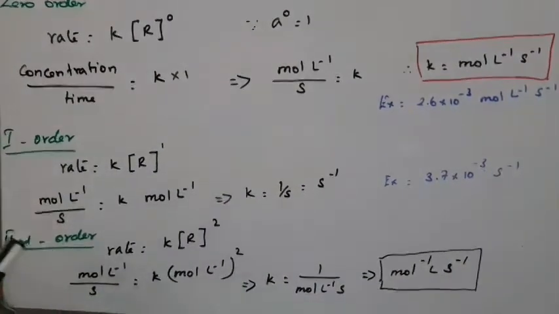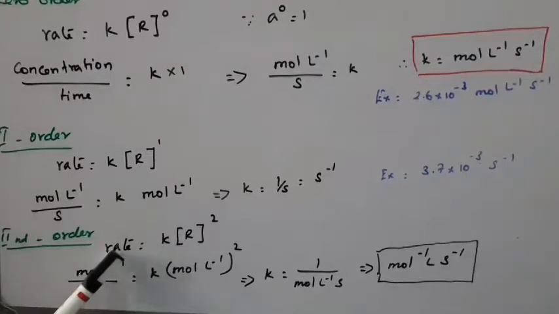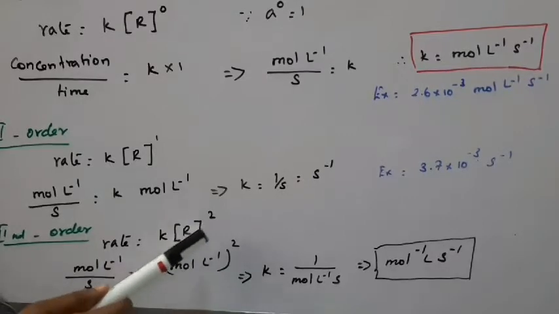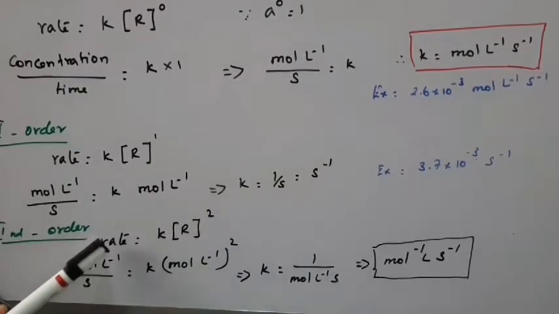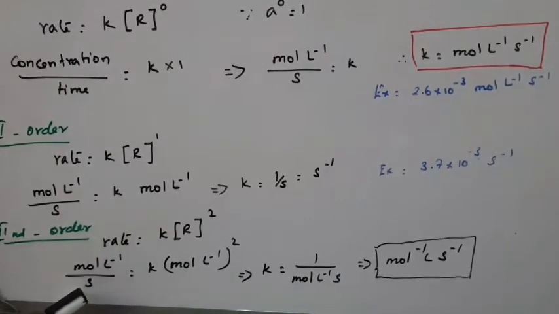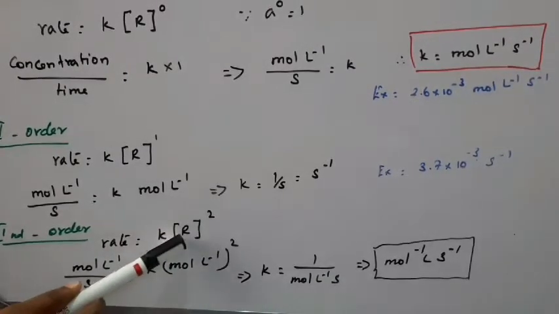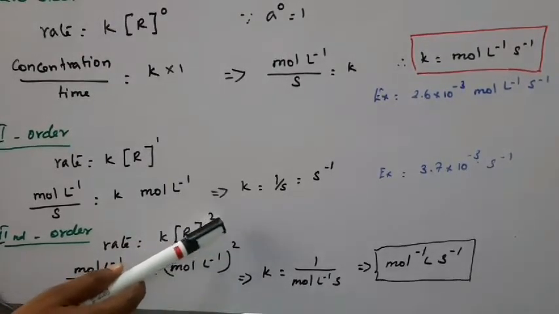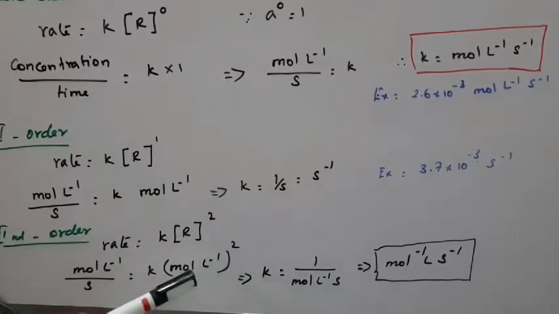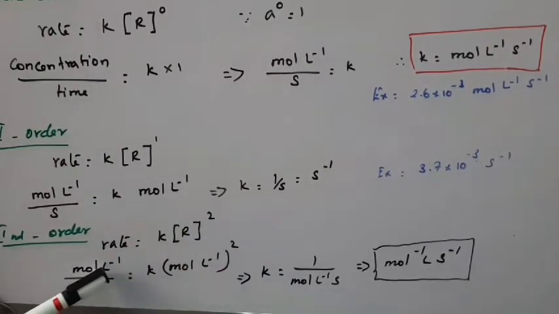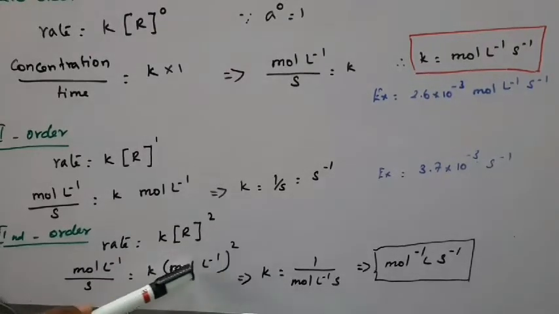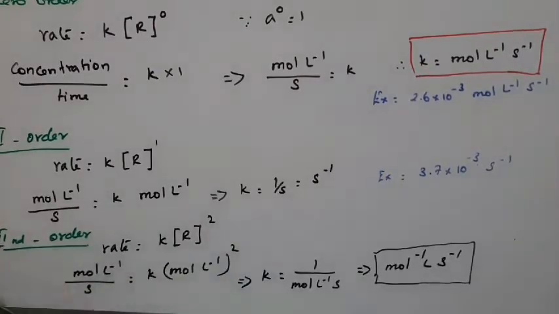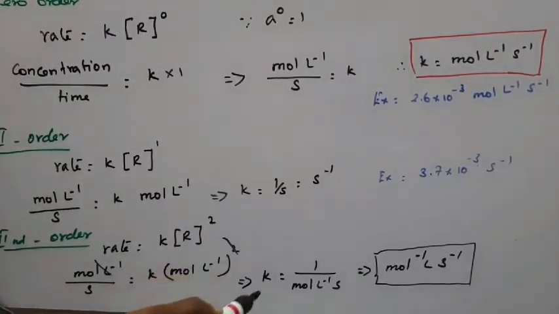Right. Then second order reactions. Rate equal to rate constant times the reactant concentration raised to the power 2. So the rate, mole per liter per second, equals the rate constant times the concentration unit, mole per liter, the whole squared, because it is a power of 2. Here one mole per liter and one mole per liter get cancelled.